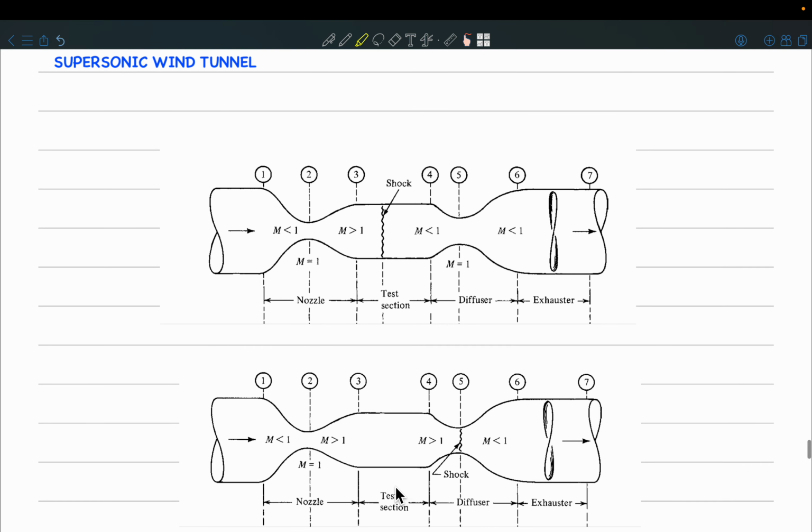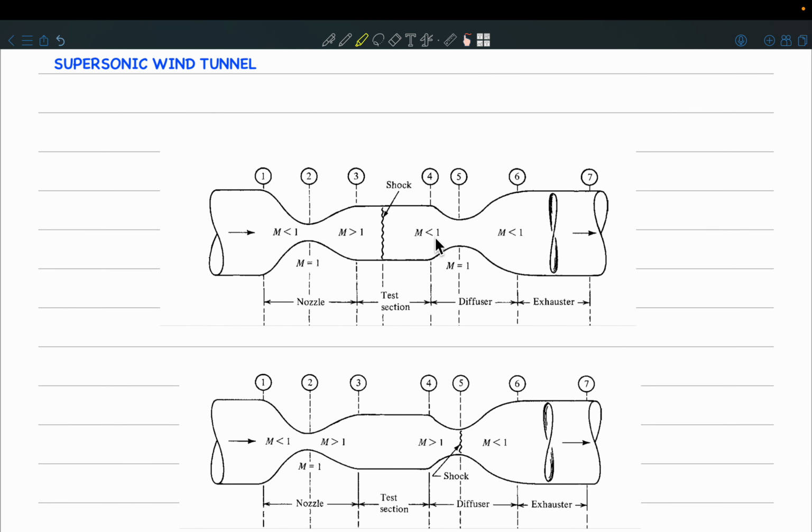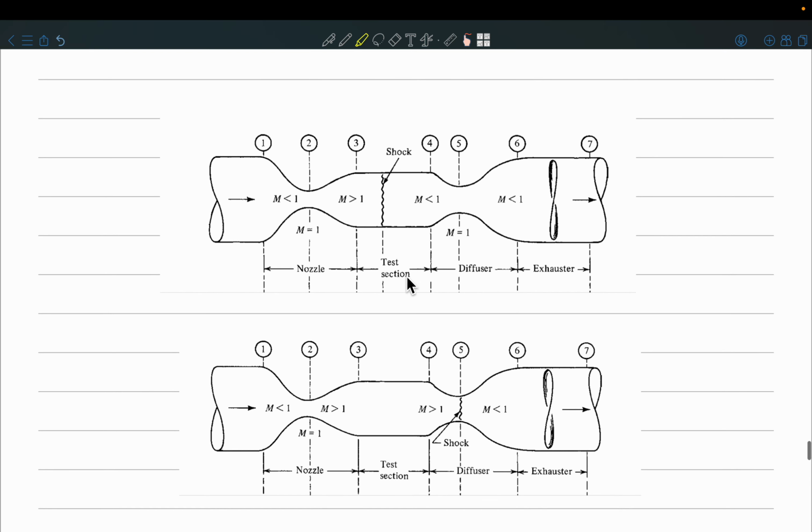You must have already seen this supersonic wind tunnel. Can you tell me, there are two figures here, which one is the operating condition and which one is not? At the test section we have a shock wave, that is not the operating condition.